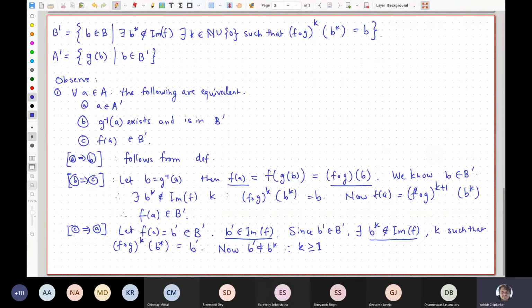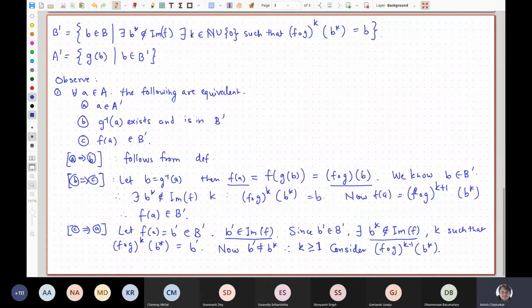So now you consider F compose G applied K minus 1 times to B star. Right? So F compose G applied K times to B star is B prime, and out of that the last application of F is really taking A to B prime.